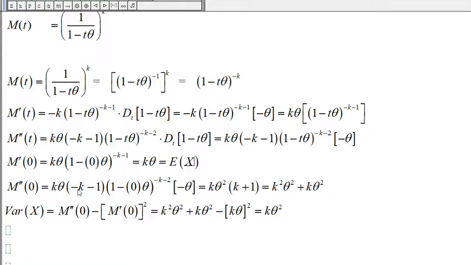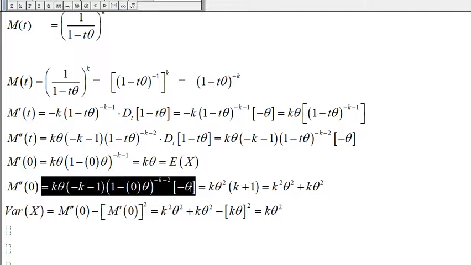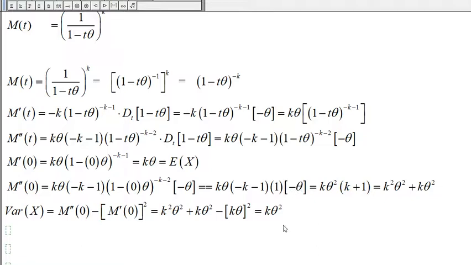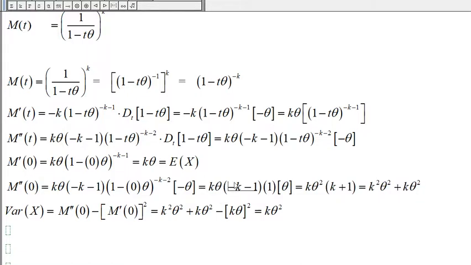And then we have negative k minus 1 times this negative right here, which makes it positive k plus 1.